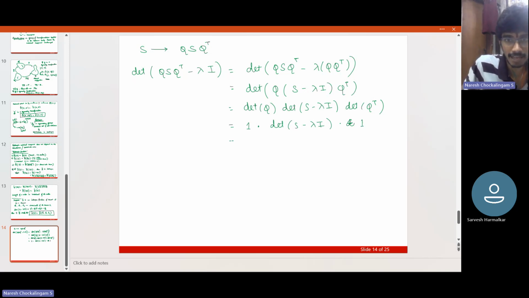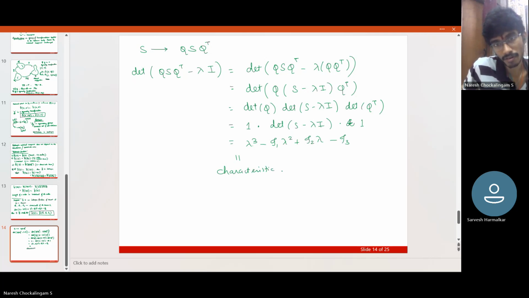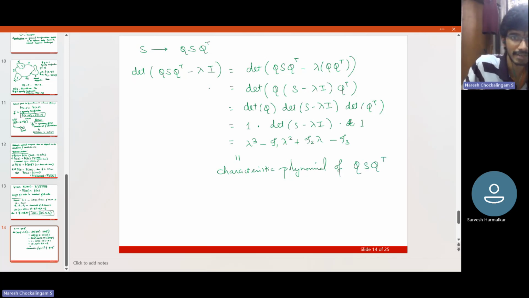But what is determinant of S minus lambda I? It is the characteristic polynomial of the tensor S, so it is lambda cube minus I1 lambda square plus I2 lambda minus I3. But by definition, this is also the characteristic polynomial of Q S Q transpose, because that is what we have on the left hand side.